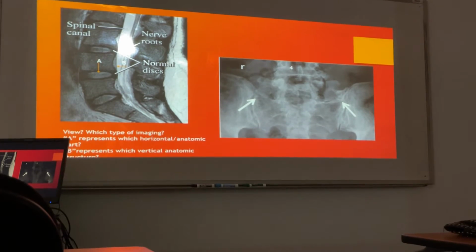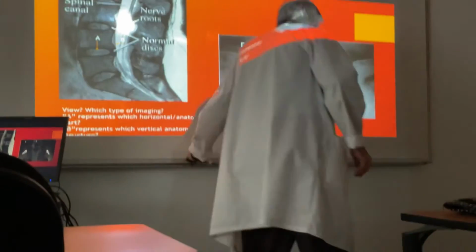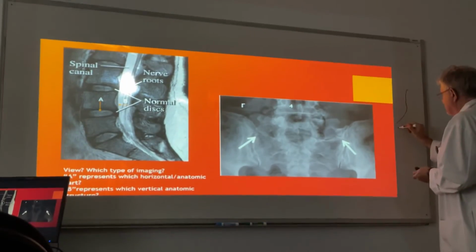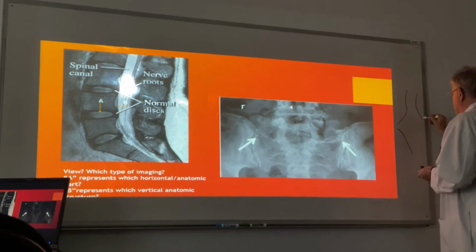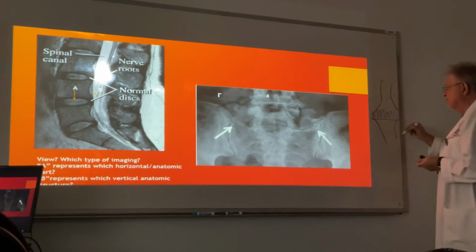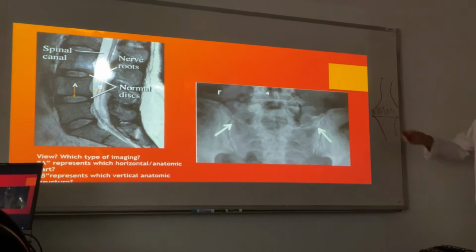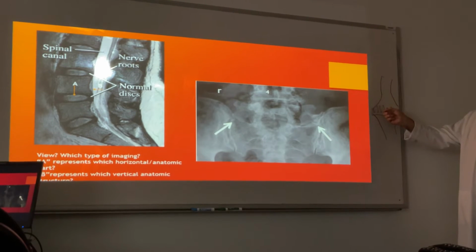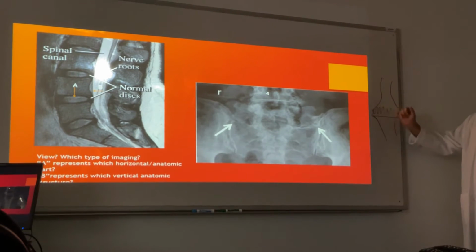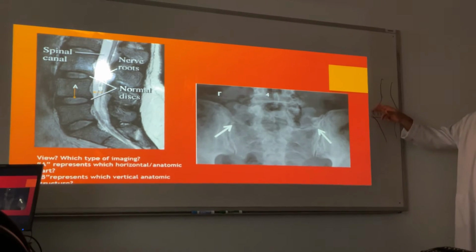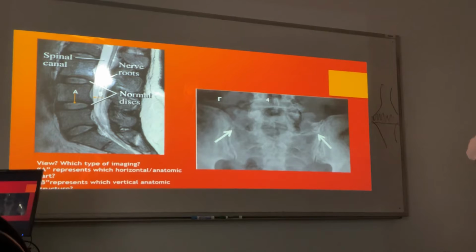And at the disc margin, wasn't the PLL, this is discal material here, right? Okay? So the PLL protects the central portion of the disc. So if a disc herniates or gets bigger and larger, will it come straight posteriorly, or will it take the path of least resistance and go adjacent? Path of least resistance. Paracentral.